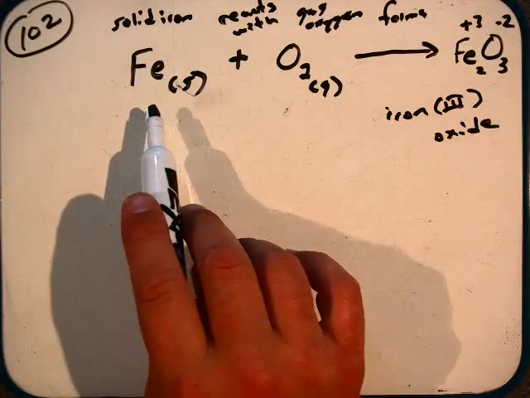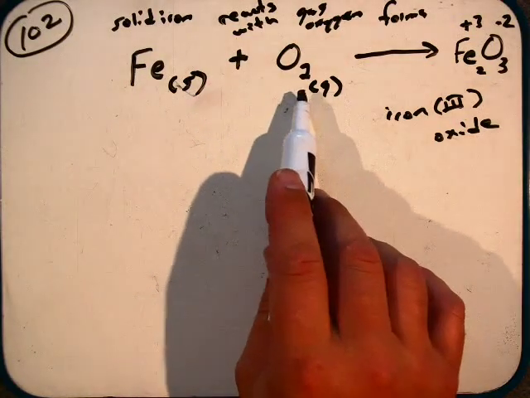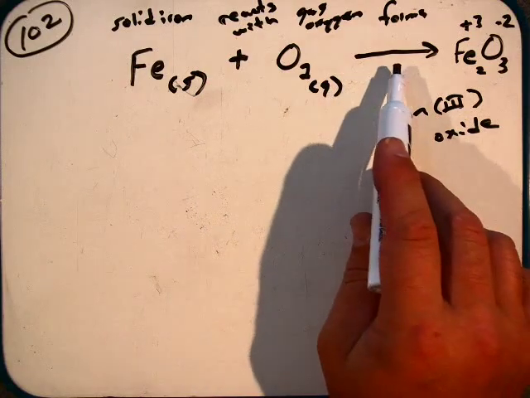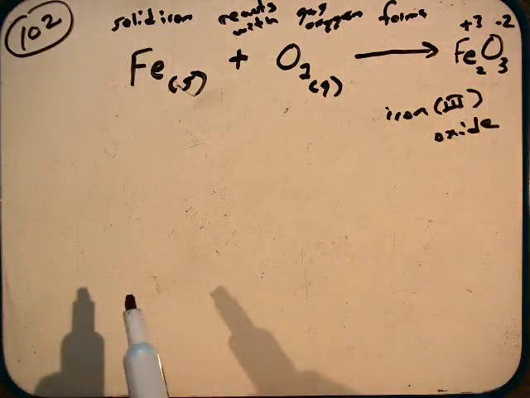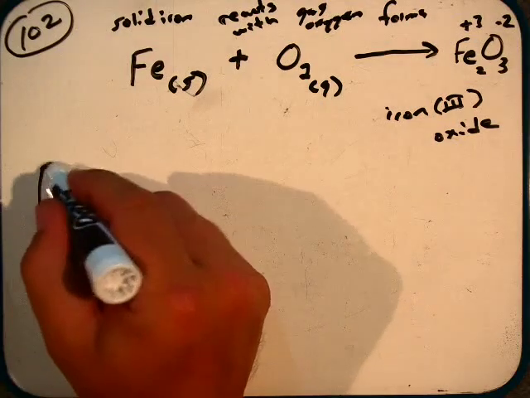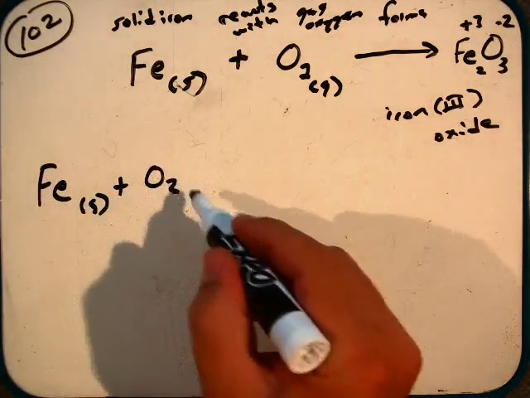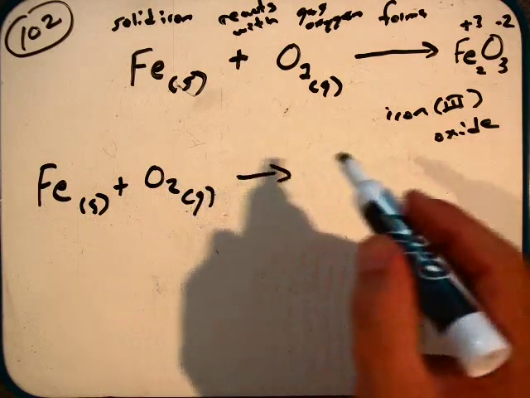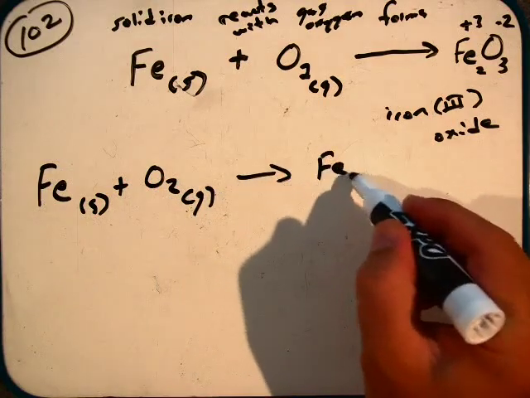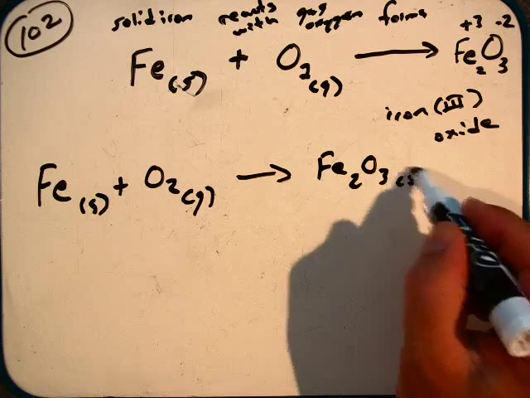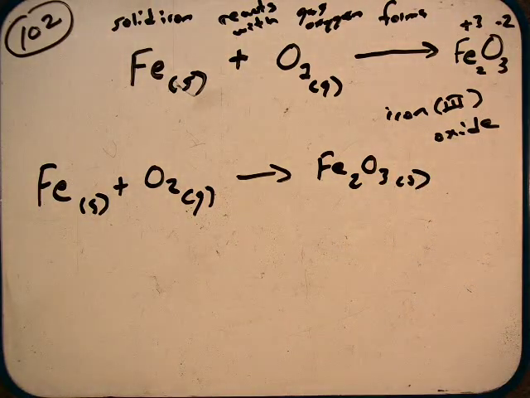So we have solid iron reacting with gaseous oxygen to form iron 3 oxide. That is our basic chemical reaction that this question is discussing. And we can put the S there to indicate that it's solid iron 3 oxide.